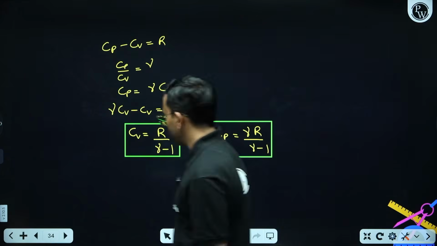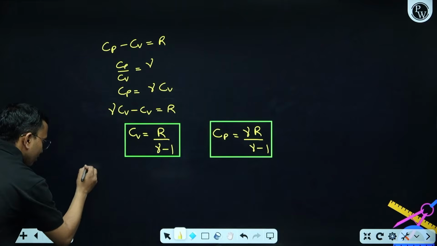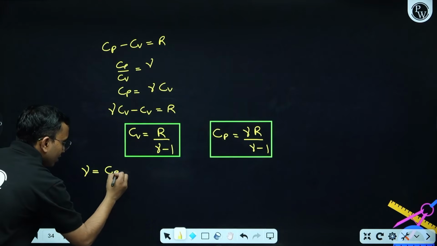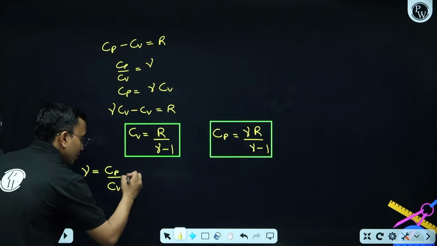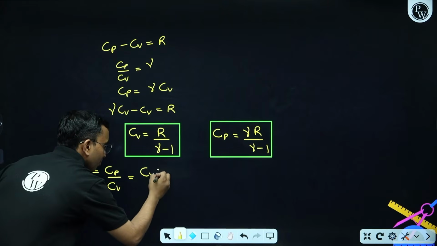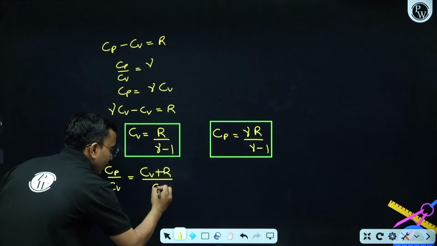And this gamma is equal to Cp by Cv. Cp is Cv plus R, divided by Cv.